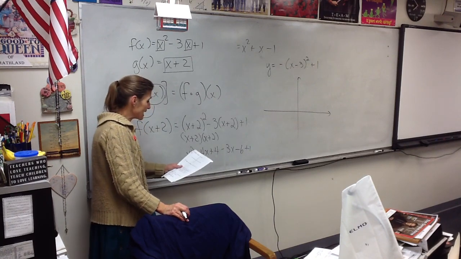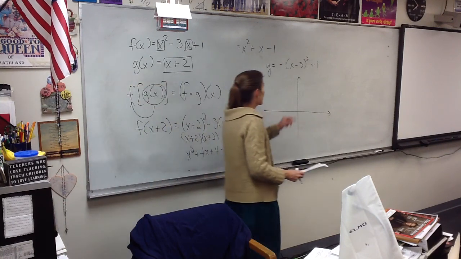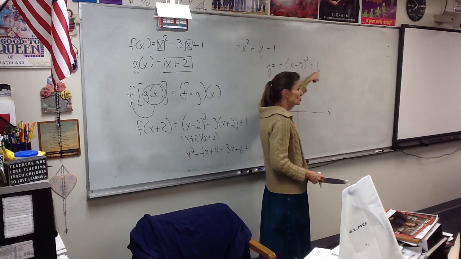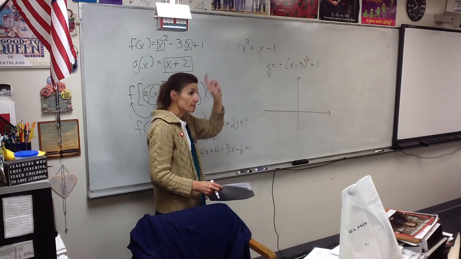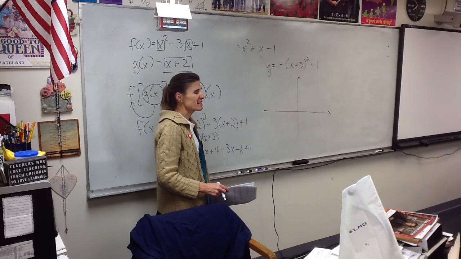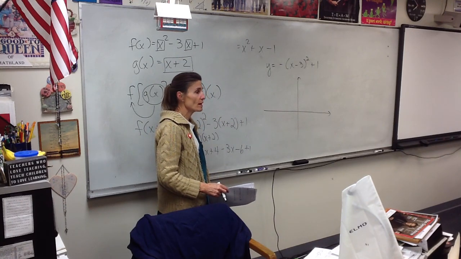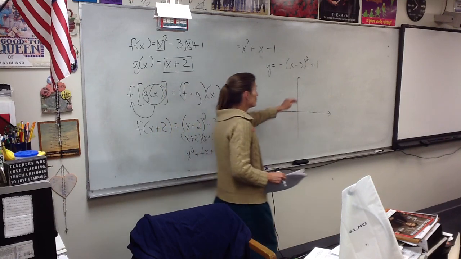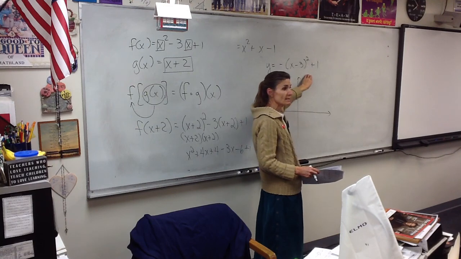Okay, this says sketch. What shape is this? Do not freak out, it's a squared. You're supposed to know what squares look like. They're parabolas. Let's not call them U's, although they look like U's. They're parabolas, okay? Now, do you remember how to find the vertex? You should look at this equation and tell me the vertex.